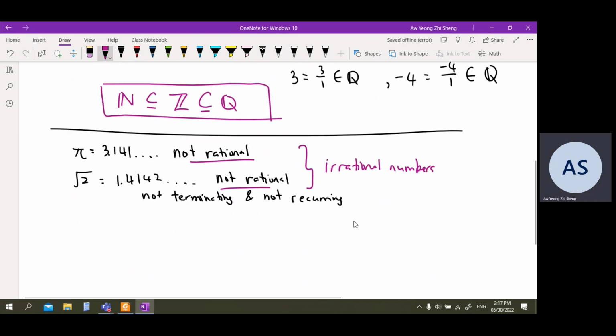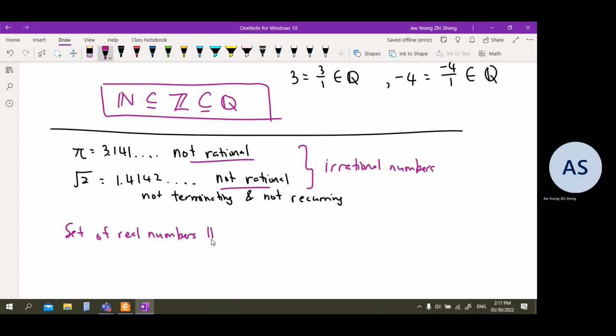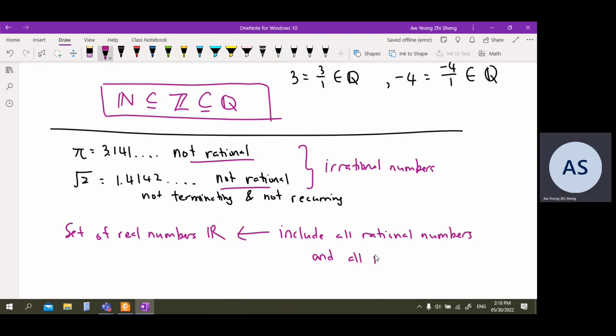And so a set that contains all rational numbers and all irrational numbers is known as the set of real numbers. Set of real numbers R. So this set would include all rational numbers and all irrational numbers.